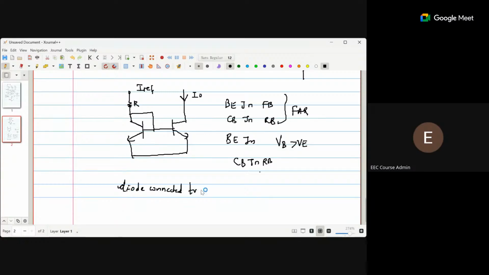So it is called the diode connected transistor, and this diode connected transistor will be in the saturation region. Okay, so that means it acts as a closed switch.